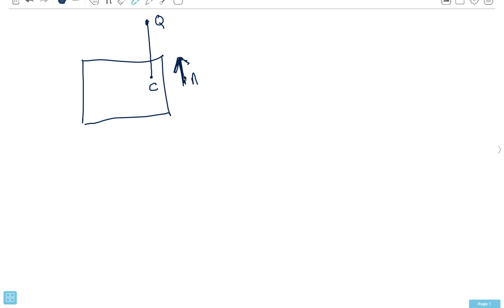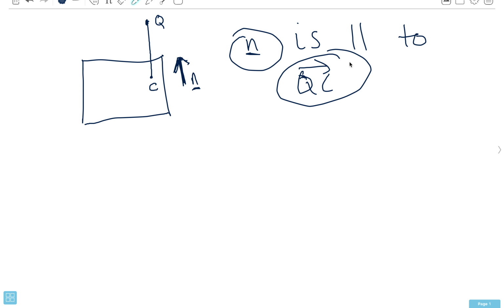So what you can see about the relationship between this vector here and the normal vector is that the normal vector is parallel to QC. Now, again, we can't do anything because this is a bound vector, not a position vector.